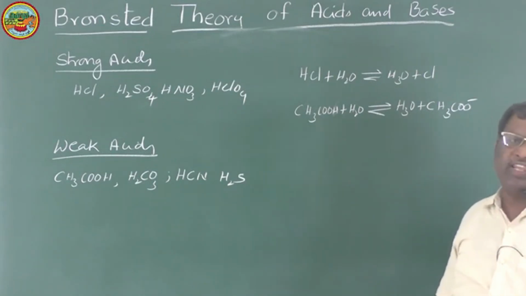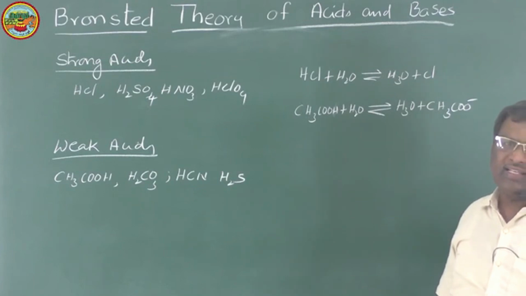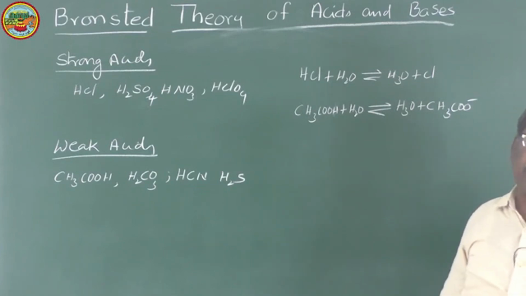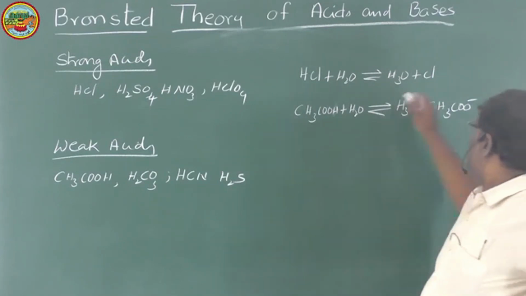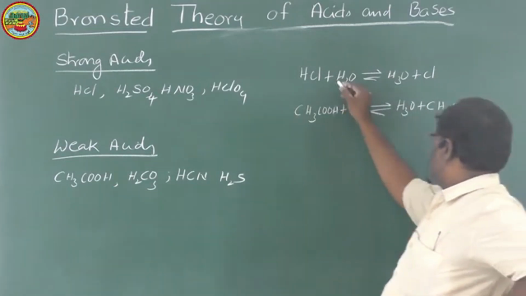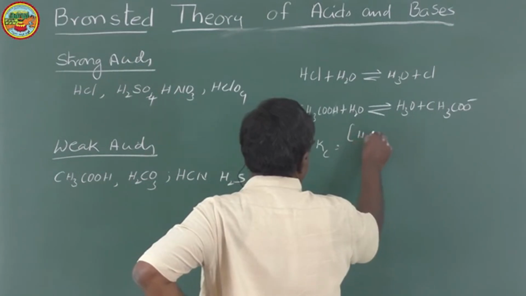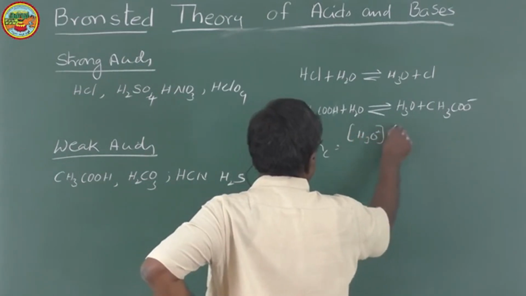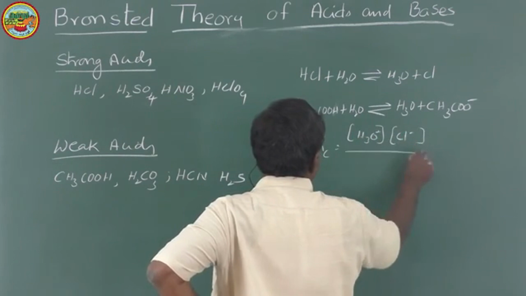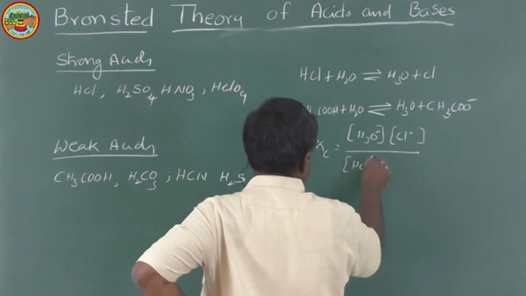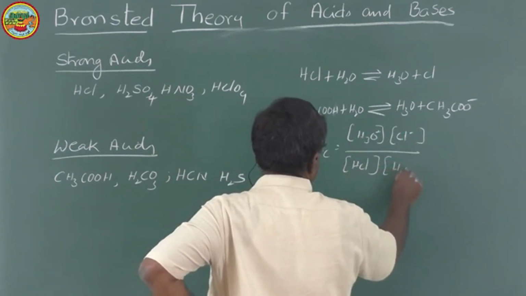For any reversible reaction, we know that there is an equilibrium constant. So if you write for the first reaction, Kc is equal to concentration of H3O plus into concentration of Cl minus by concentration of HCl into concentration of H2O.